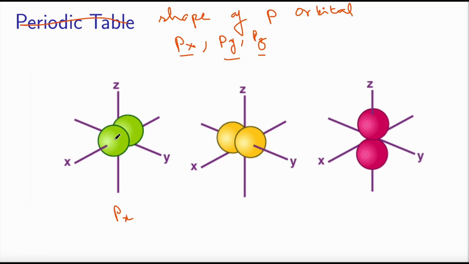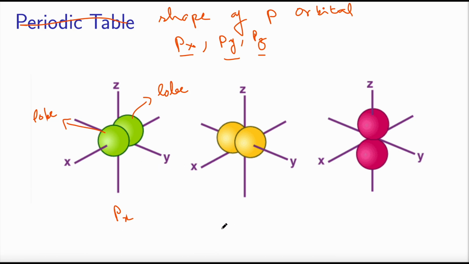There are 2 lobes, this one lobe and this another lobe. The probability of finding the electron in the px orbital is significant inside the lobes, and outside the lobes it is negligible. So this is a dumbbell shape.